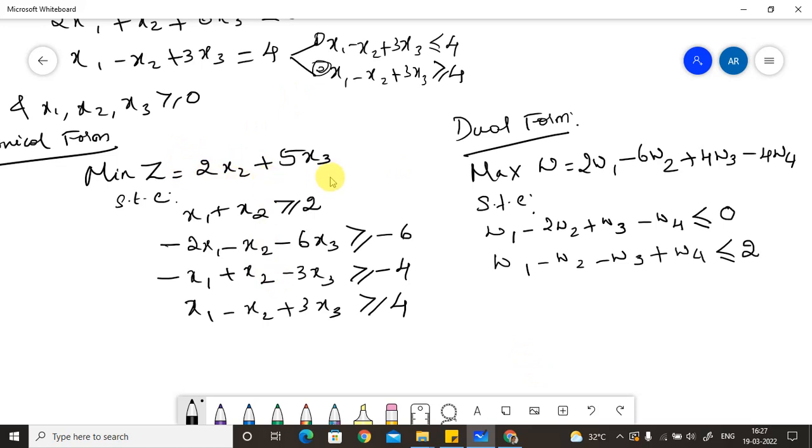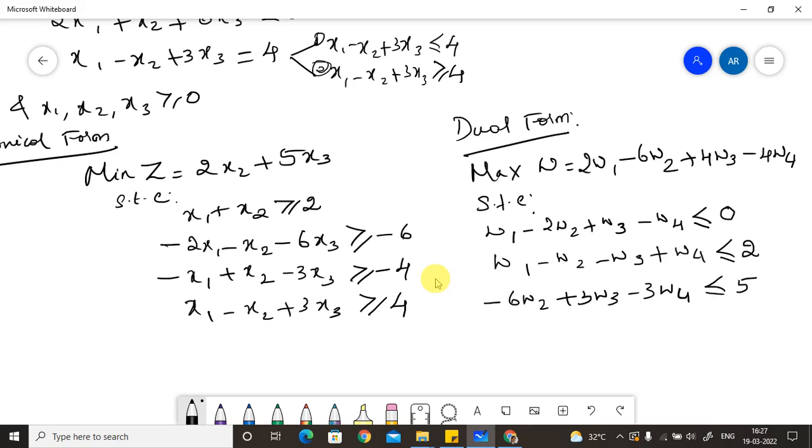Here we had only two variables, but since there was no x1, the first constraint I am writing is with respect to x1. This is for x2 and next is for x3. w1 is not there, so I will not write it. I'll directly write from w2, that is minus 6w2 plus 3w3 minus 3w4, and that is less than or equal to 5.